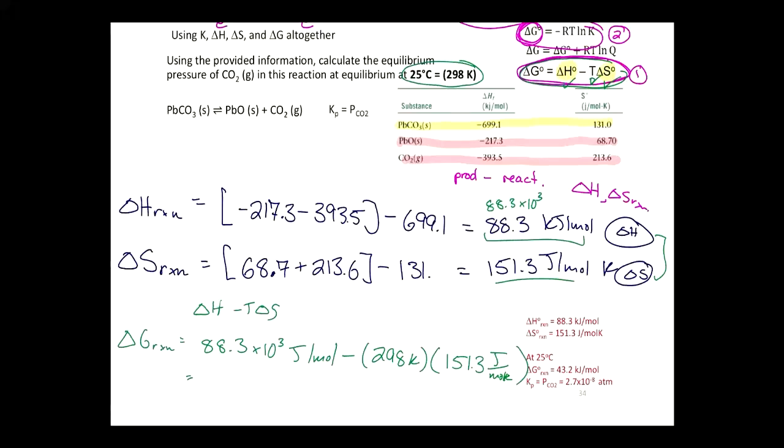And so what we get is a very familiar number. It is 43.2 times 10 to the 3 joule per mole. That is what you calculate. Look back on the previous slide. We just went a long roundabout way to get the exact same number, all right? That delta G for this reaction is 43 kilojoules.